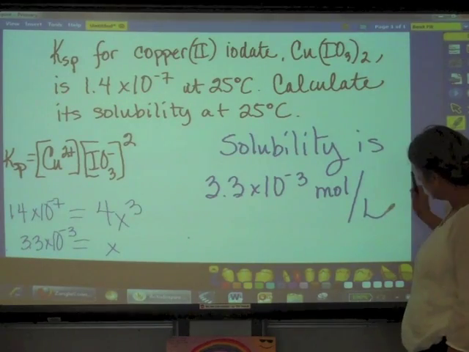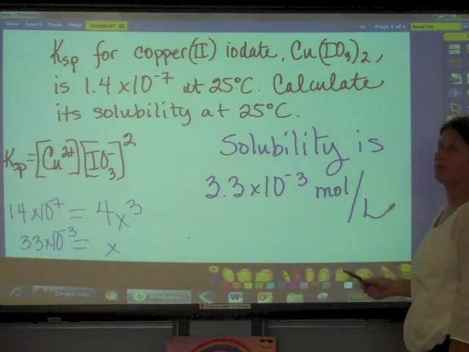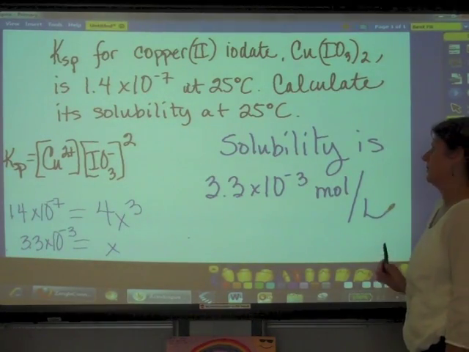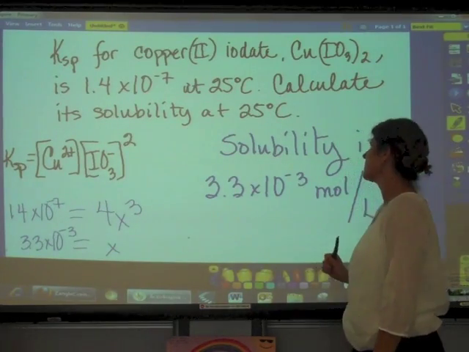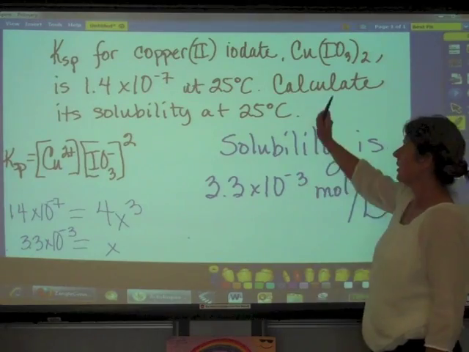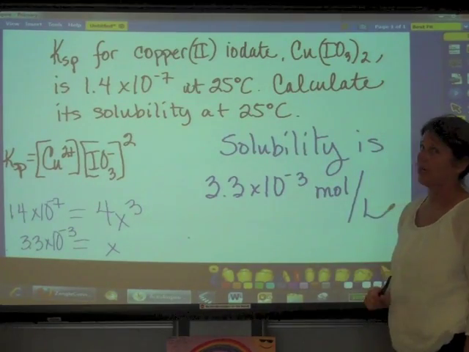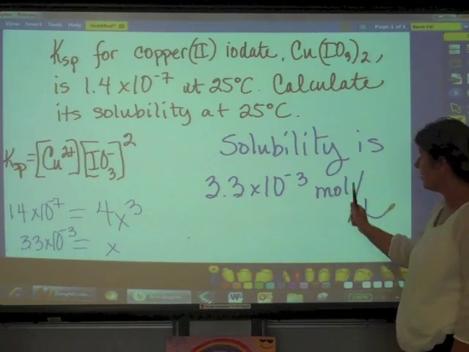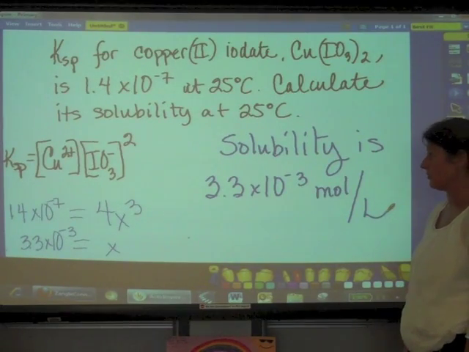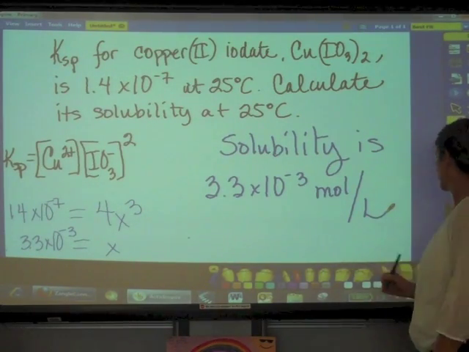So for every liter of solution, for every liter of water, we can get 3.3 times 10 to the minus 3rd moles of copper(II) iodate dissolved in solution. That's how much we can get into solution. All right, we're done.